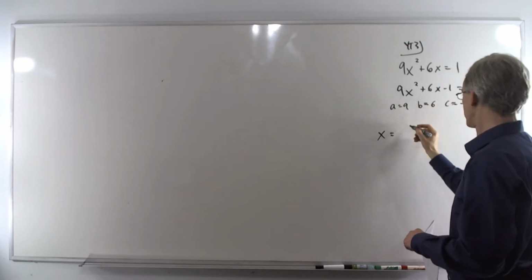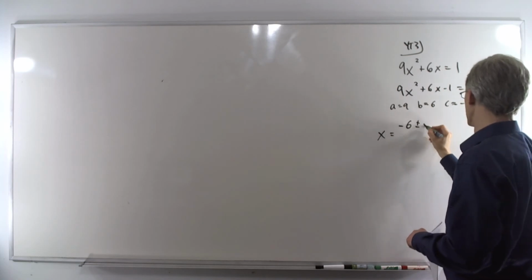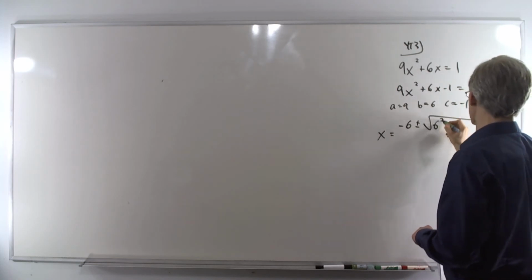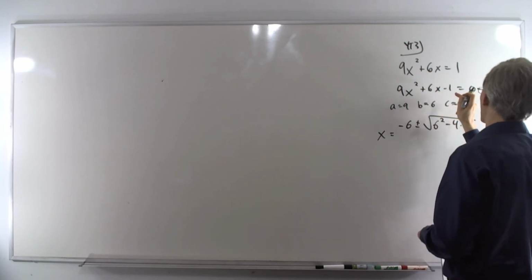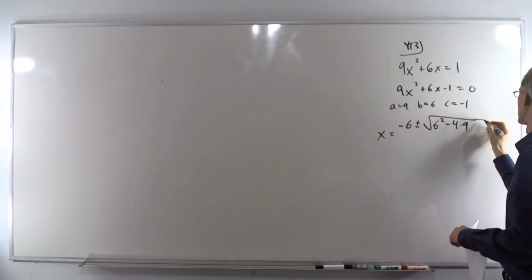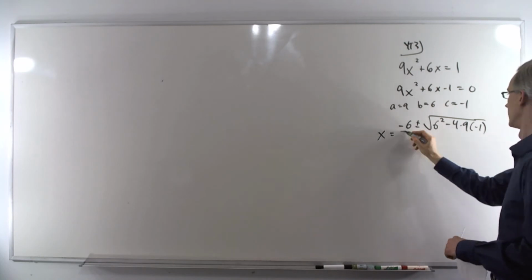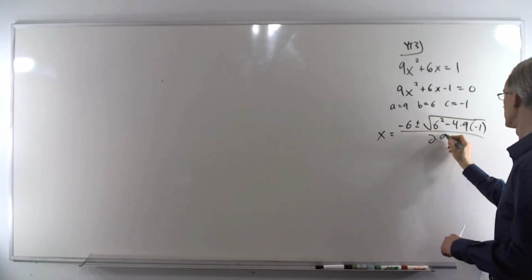Alright, so we've got negative b, so that's a negative 6, plus or minus the square root of b squared, so that's 6 squared, minus 4 times a, which is 9, times c, which is negative 1, all over 2 times a, or 2 times 9.